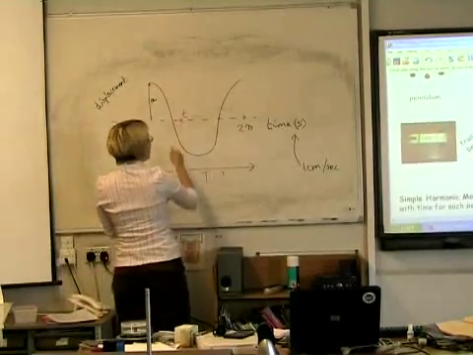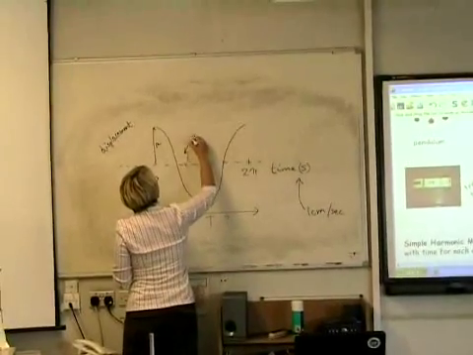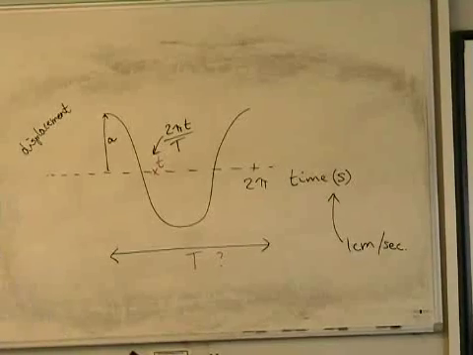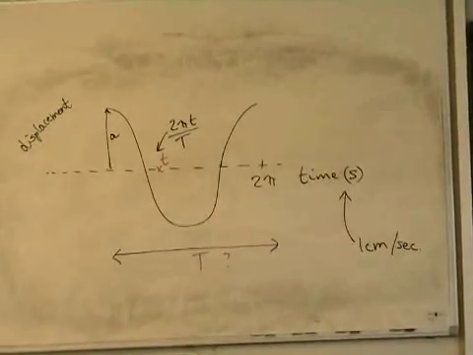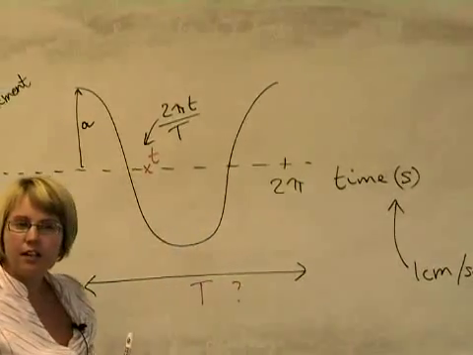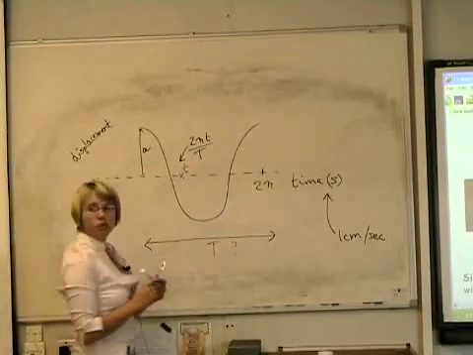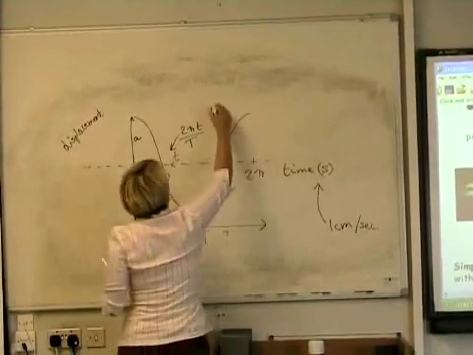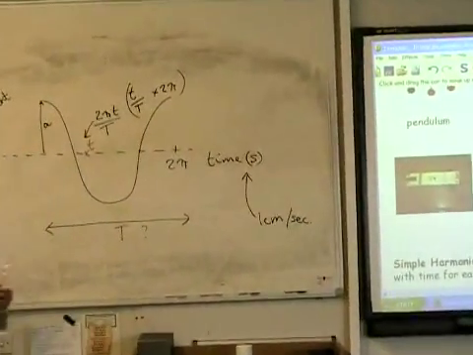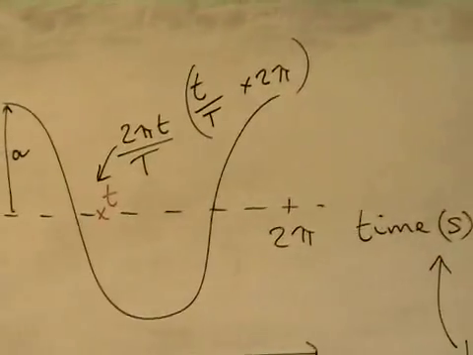So at this point here, we would have 2 pi t over capital T. It's whatever fraction of the periodic time is at this point here, then it's that fraction times 2 pi. Or I'll write it another way, it's that over that times 2 pi, isn't it? Yep. Are you with me? Yes? No? Not sure?